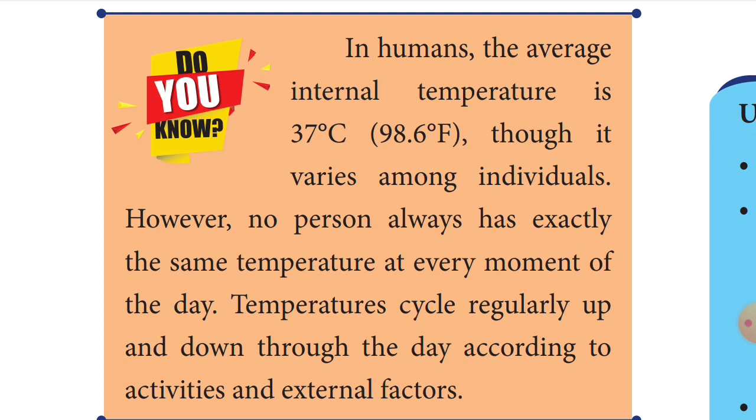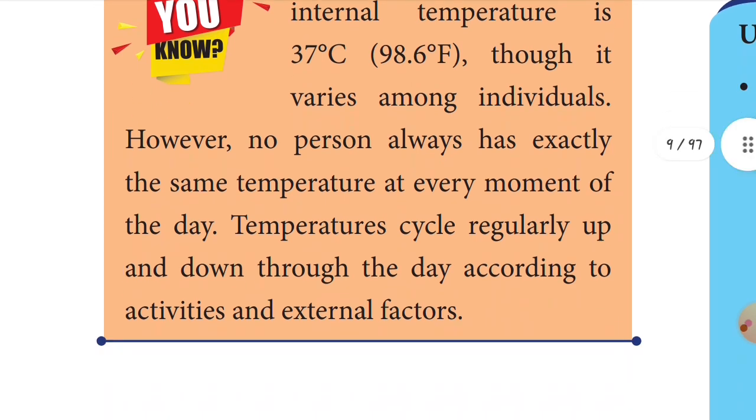Do you know, children, the average internal temperature of our human body? Yes, 37 degrees Celsius, which is 98.6 degrees Fahrenheit. Though it varies among individuals, no person has exactly the same temperature at every moment, because your body temperature is changing from second to second.